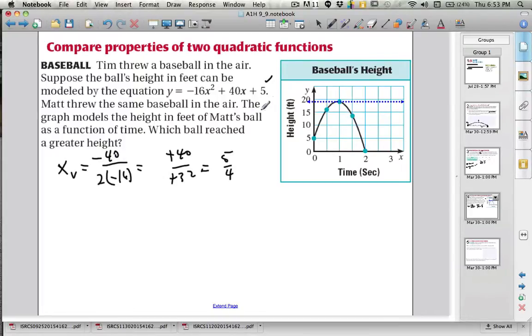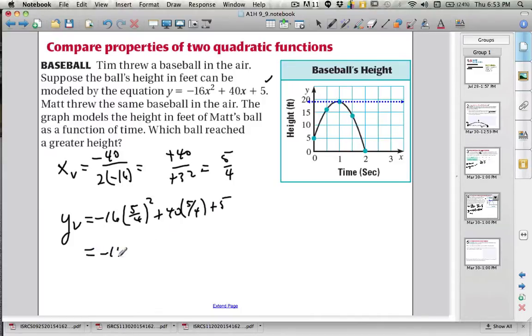And then if I want to find the y-coordinate of my vertex, that's going to be negative 16 times 5/4 squared plus 40 times 5/4 plus 5.